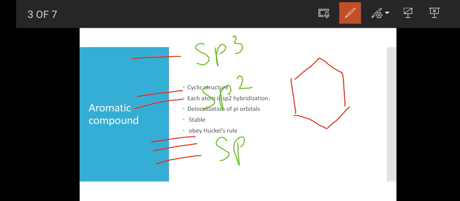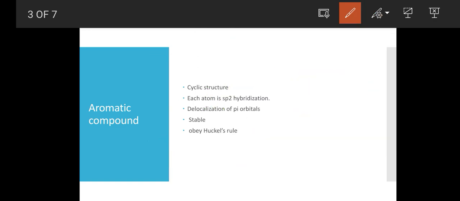Here we have sp2 hybridization. So the first rule is a cyclic structure, and the second is sp2 hybridization. Each atom having sp2 hybridization means alternating single and double bonds.